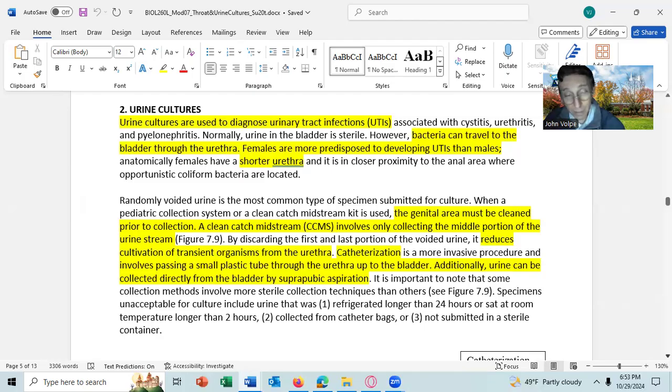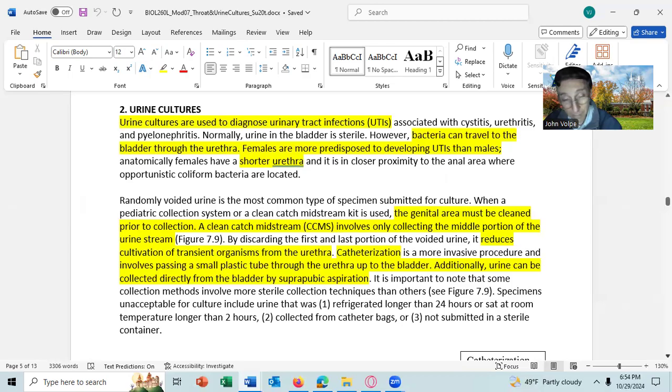I will state that in females, they actually do have a normal microbiota of bacteria growing in the bladder. This bacteria does not normally cause disease for the female. For males, I've never been able to ascertain if they have a normal microbiota in the bladder. They may not because they have a longer urethra and it's more difficult for the bacteria to get up the urethra and into the bladder.